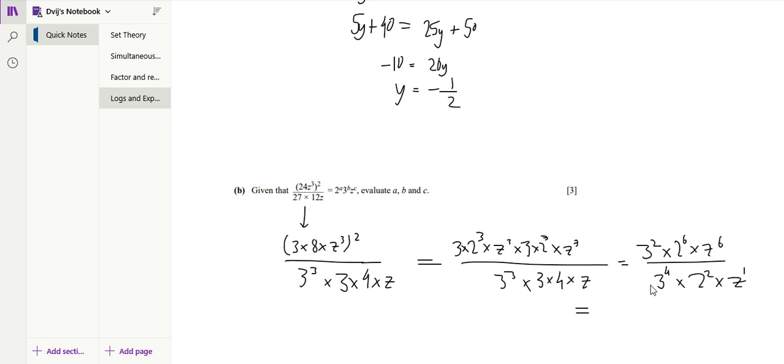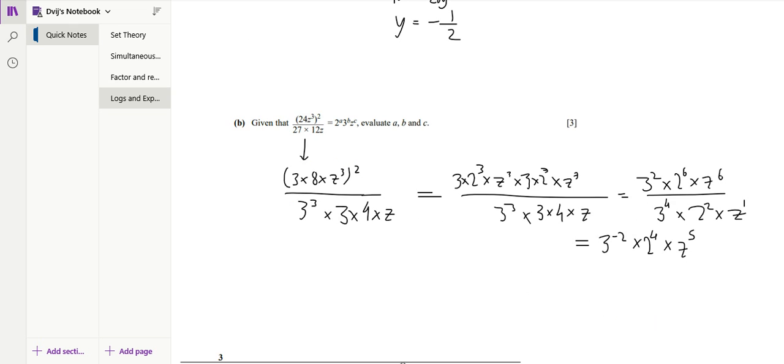So for 3, for example, we have 3 squared over 3 to the 4. And if we use our exponent rules, then we know what we want to do is 2 minus 4. So we get 3 to the minus 2 multiplied by 2 to the 4 multiplied by z. Now 6 minus 1, remember the 1 here. 6 minus 1 is 5. And that's pretty much our answer.